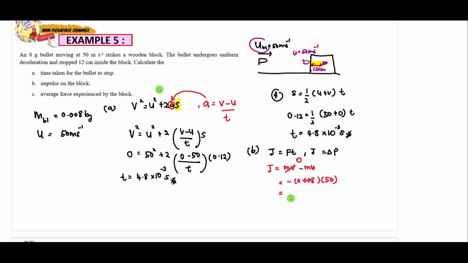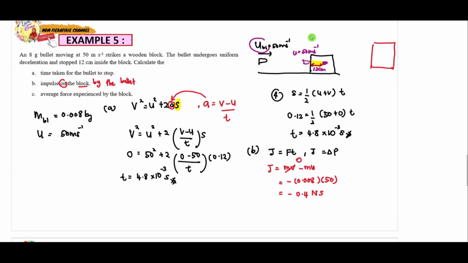So the impulse that we get just now is equal to negative 0.4 Newton second. Okay, so sekarang soalan tanya the impulse on the block. So impulse on the block by the bullet. Okay, we consider impulse on the block by the bullet. Okay, kalau kita tengok gambar ni. Okay, kalau saya besarkan.